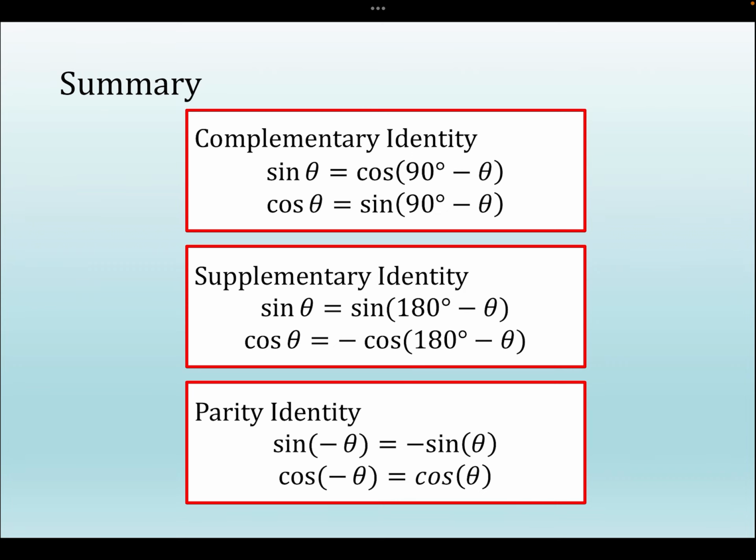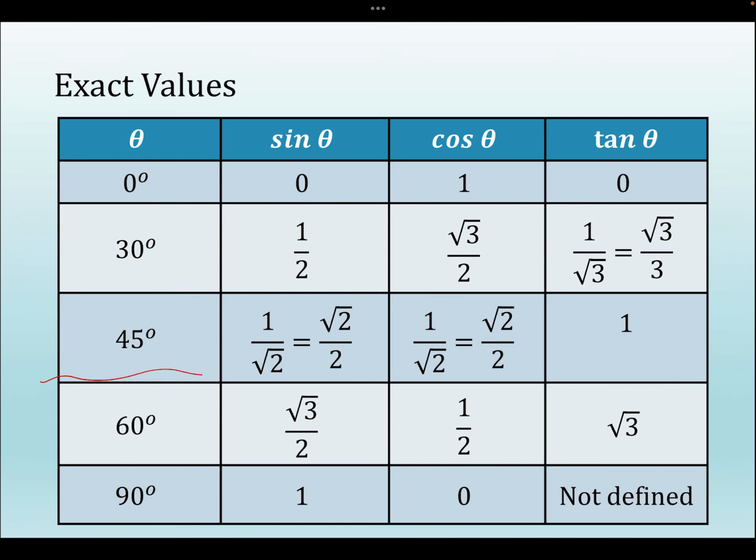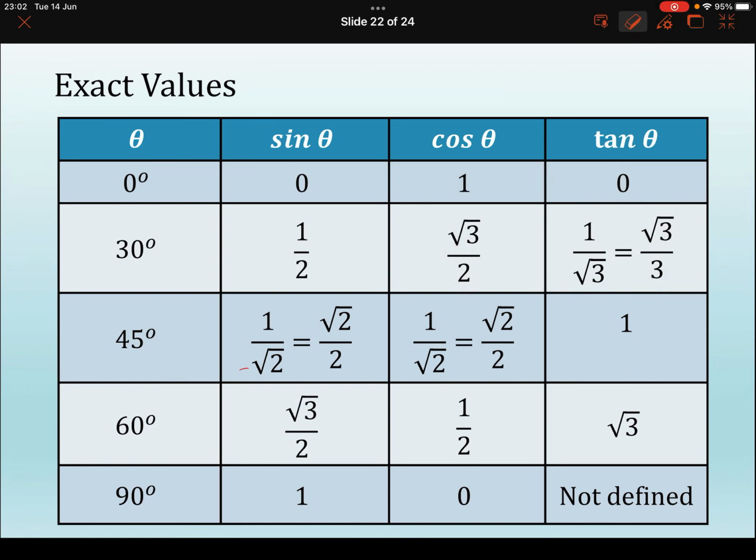Now, let's quickly, without your calculator, see if you can work out the value of A, B, C, D, E and F. I will give you a few minutes to work on that.